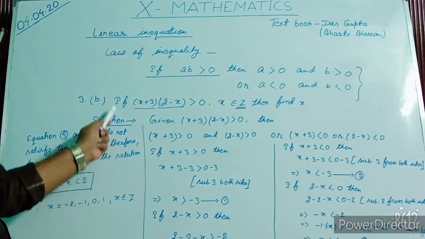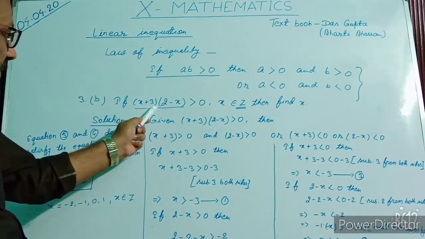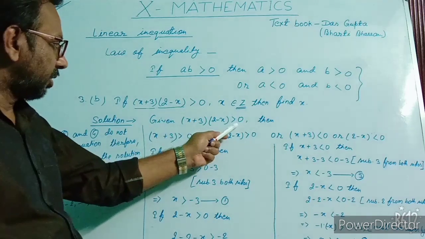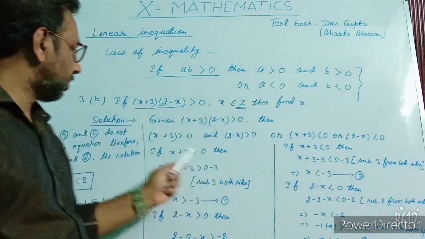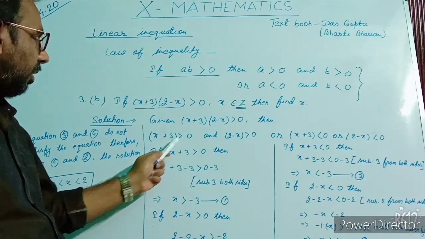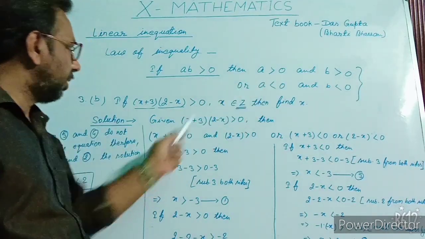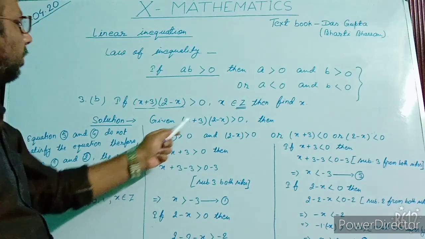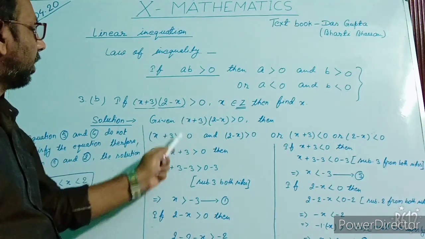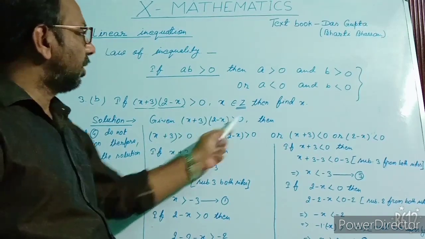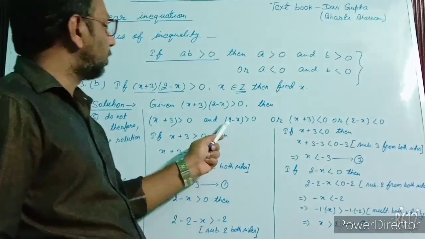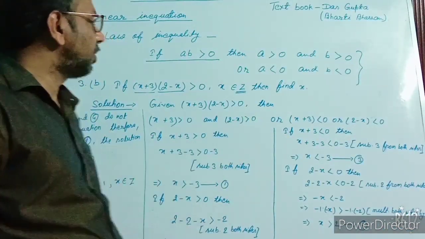Start the solution. Given (x plus 3) into (2 minus x) is greater than 0, I wrote this at first. X plus 3 is greater than 0; here A is greater than 0. This part is A, x plus 3, and this part is B. B is also greater than 0, so 2 minus x is also greater than 0.